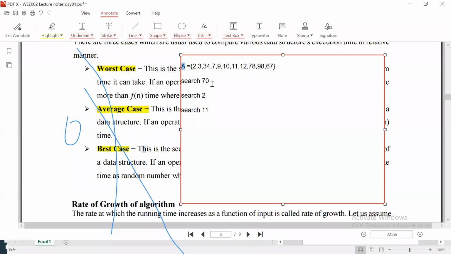But now 11 is at the middle of the array. It means your algorithm is going to go halfway, discover 11, and end execution. So this is more of an average execution for this algorithm, because normally it was supposed to run through all of it, but it did just half of it.